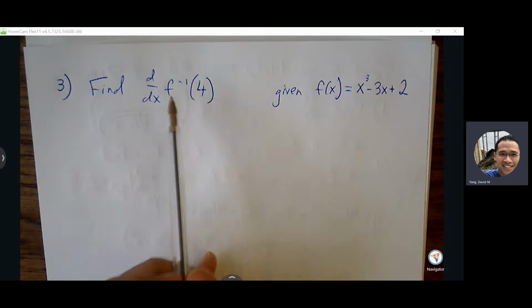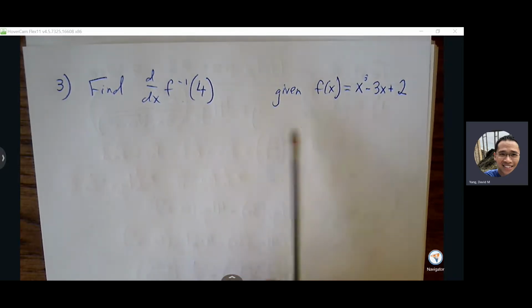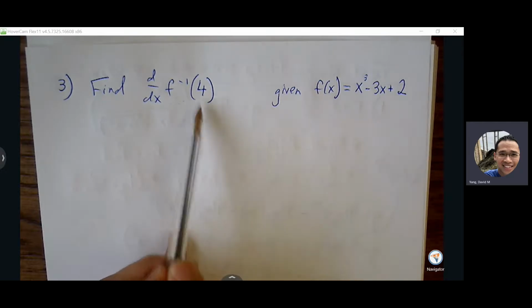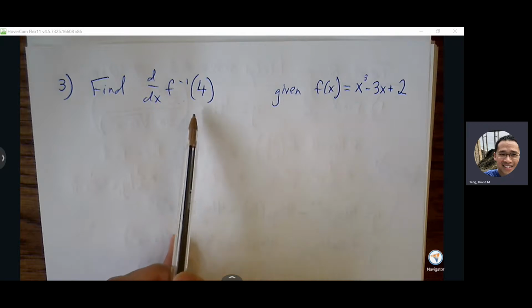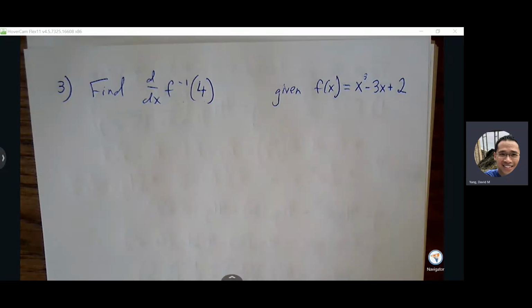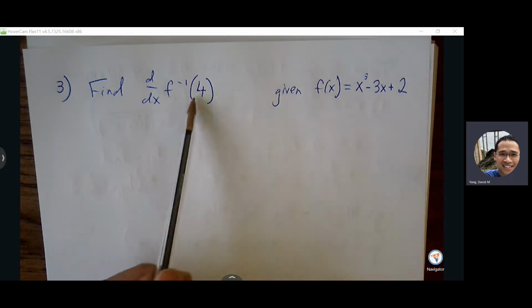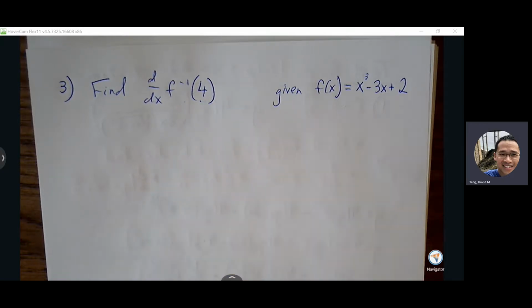However, we're not given the inverse function, we're given the original function. So the first thing we have to understand is that even though you're looking at the x value of the inverse, really, in terms of the function, this is the what? Not the x, but the y. Okay, so that's got to be the first thing we understand. If we start inserting this 4 into the x, it's going to throw everything off. So that's really the big hurdle here: understanding that there's that flipped relationship in terms of the x and y. So understand this is really the y value.